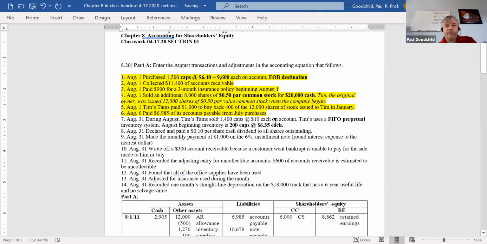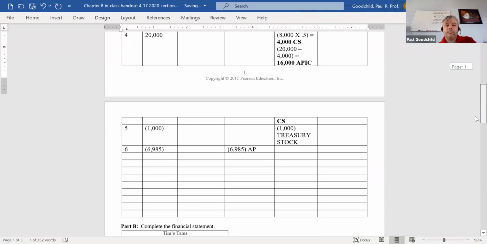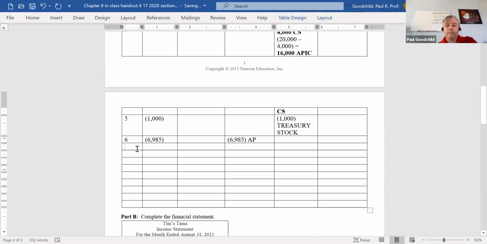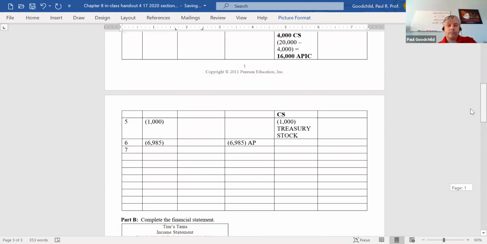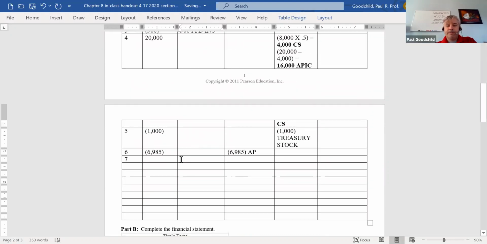So here, let's record the revenue part, 1,400 caps at $10 each on account. Sorry about that, hit the wrong button there.